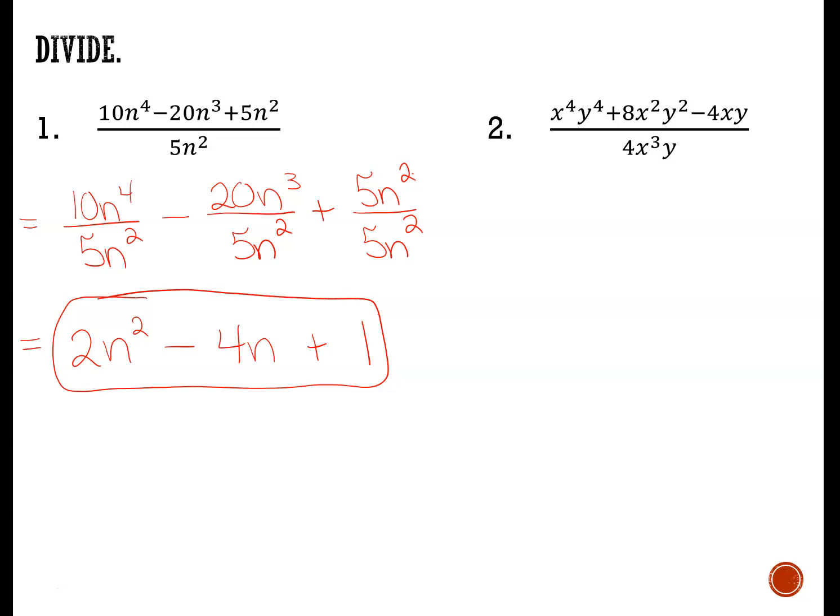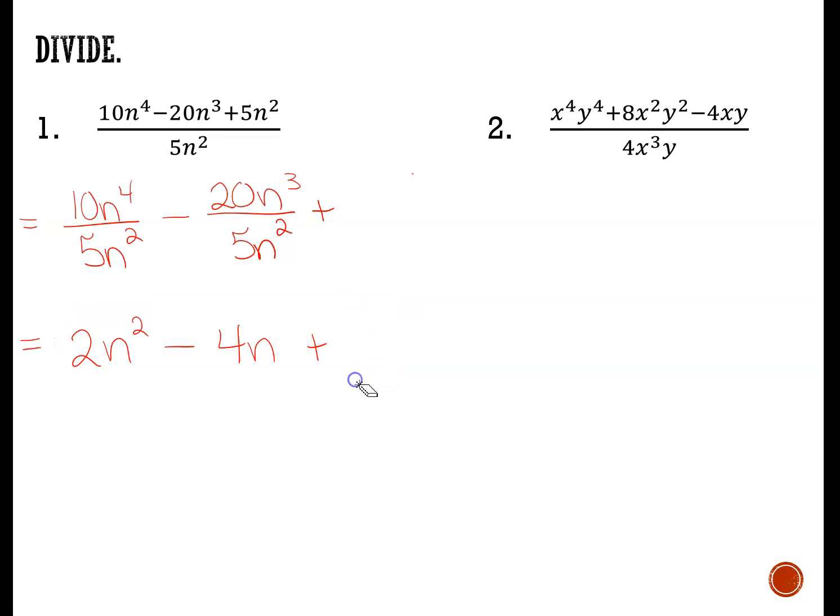Okay, so number 2, I may need a little more room than what I have, so I'm going to come back over here and erase a little bit to give myself some more room. Okay, so each term on top divided by the only term on the bottom.